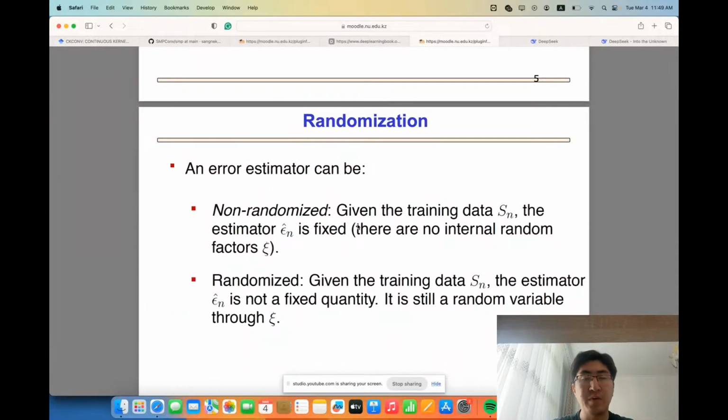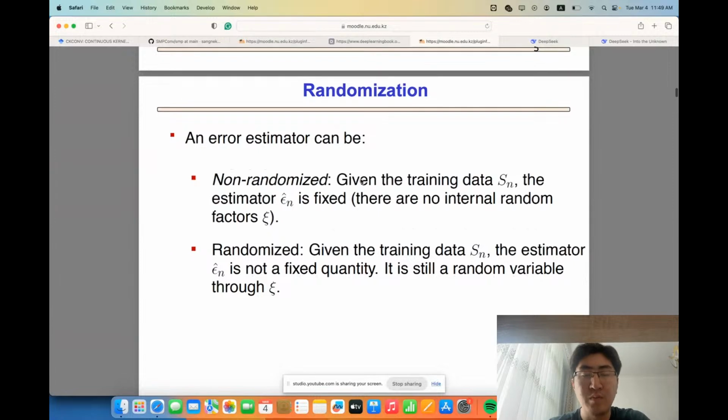An error estimator can be non-randomized or randomized. Non-randomized: given the training data, the estimator is fixed, with no internal random factors. Randomized: given the training data, the estimator is not a fixed quantity. It's still a random variable.